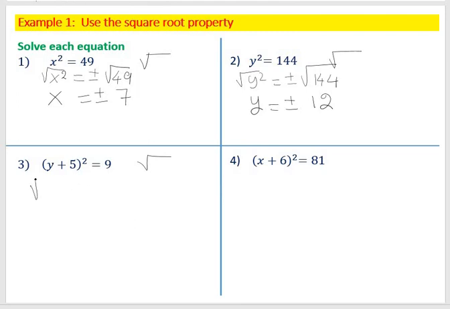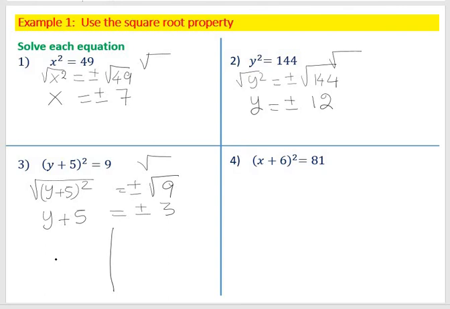So the square root of y plus 5 all squared equals positive or negative the square root of 9. Now, the square is cancelled by the square root. So it leaves me with y plus 5 equals positive or negative 3.